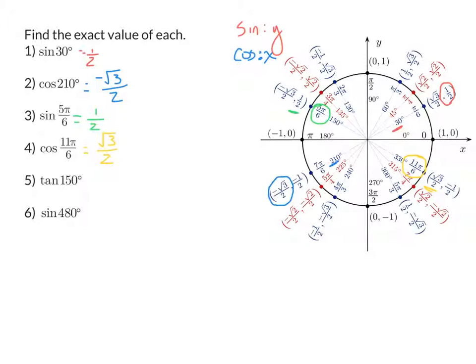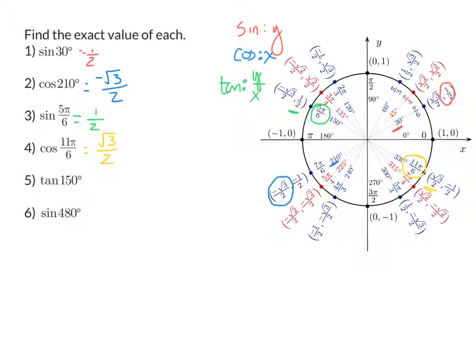So how does tangent work? We want to find tangent of 150. Well, we've learned that tangent is the same as sine over cosine, so it must be the same as y over x.